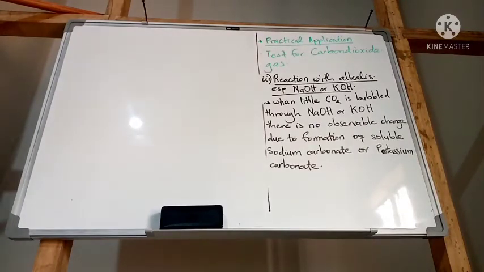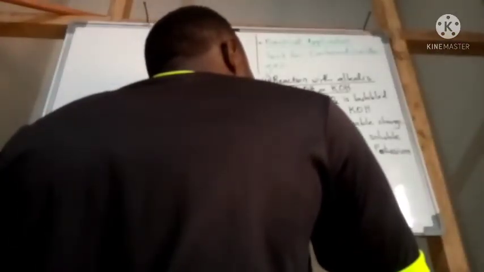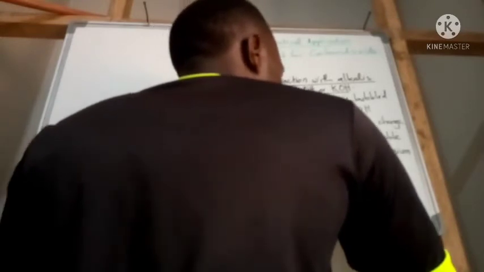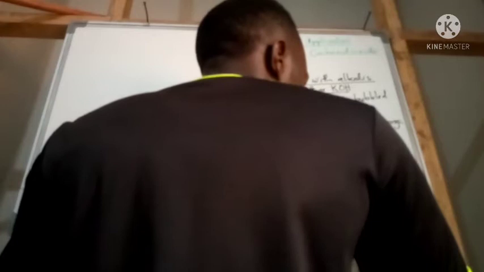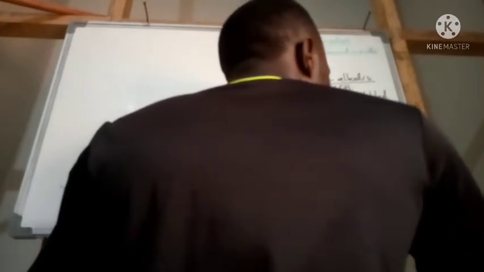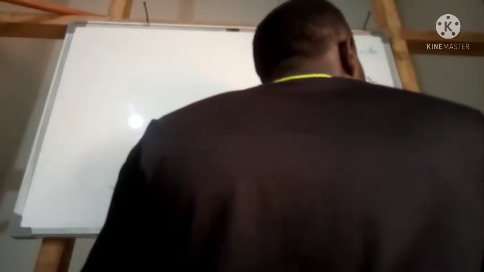By show of an equation, sodium hydroxide, which is aqueous, reacts with carbon dioxide, which is a gas, to form sodium carbonate, which is aqueous, plus water, which is a liquid.